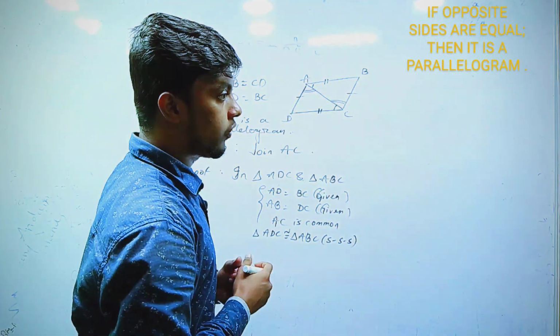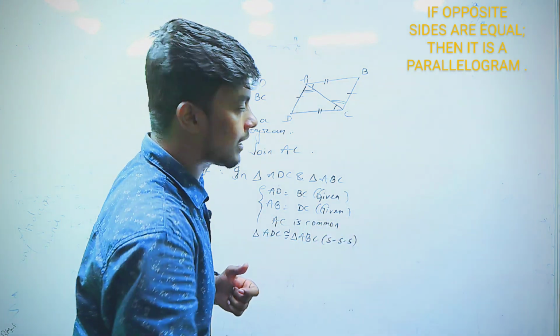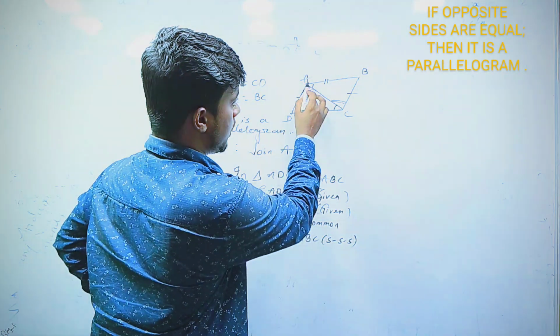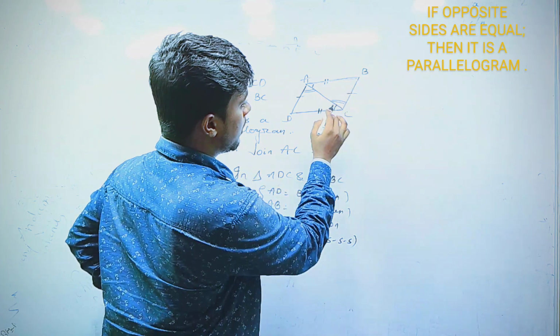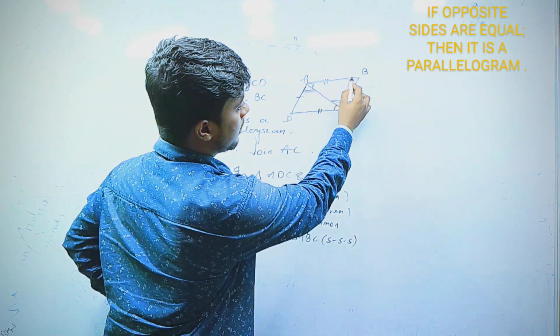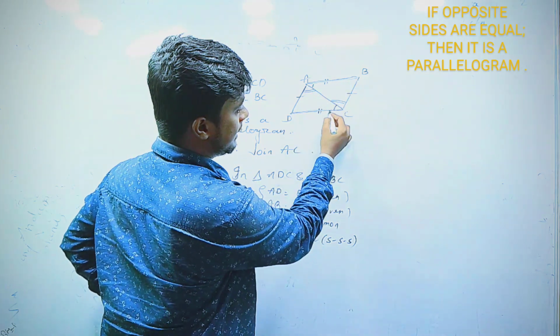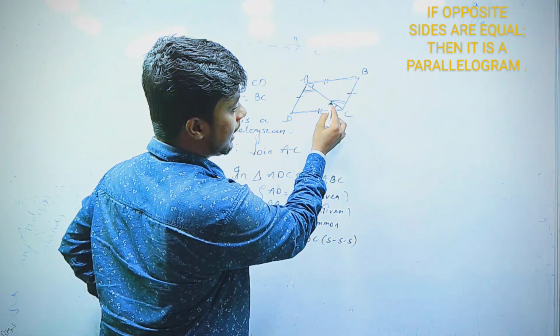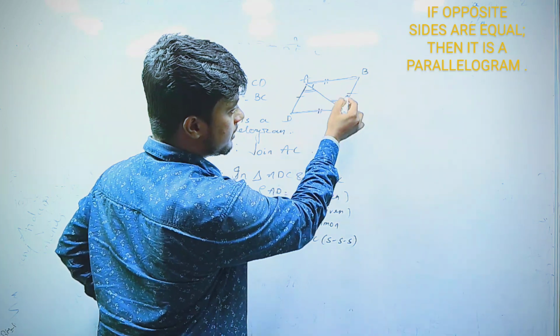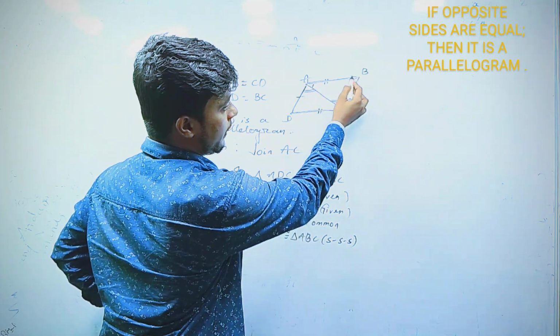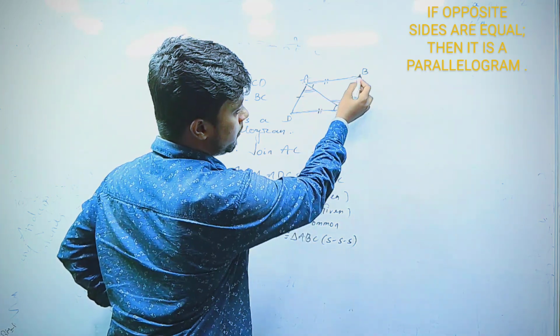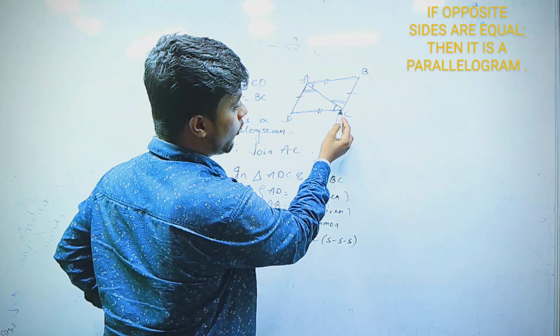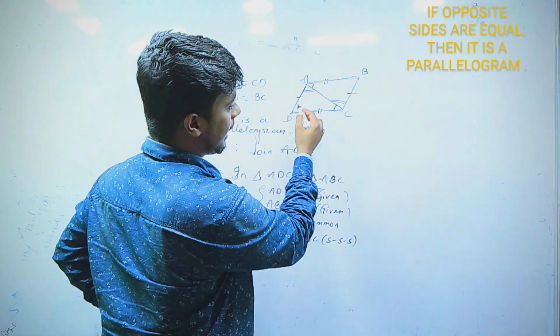Okay, so how can you find which angle corresponds to which angle? For that you have to look at the opposite side. AB is opposite to CD, so AB and CD are equal. Which is the opposite angle of AB in triangle ABC? The angle opposite side AB is ACB. And which is the opposite angle of CD in triangle ADC?